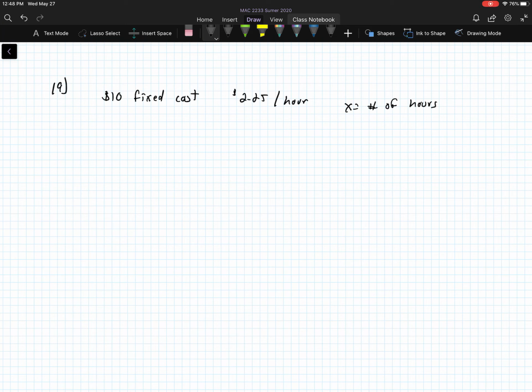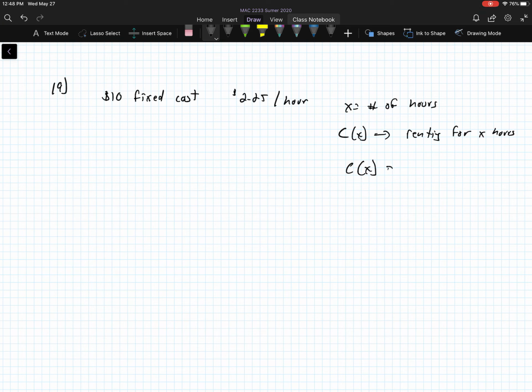And then we can say that R of x is going to be the cost of renting it for x hours. Now we could have used any letter, we could have used C of x and all that good stuff. I'm actually going to use C for the cost function because that's what they were asking us.